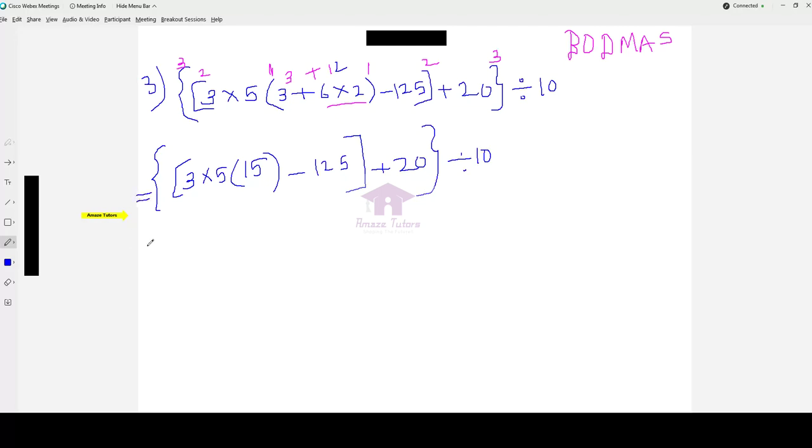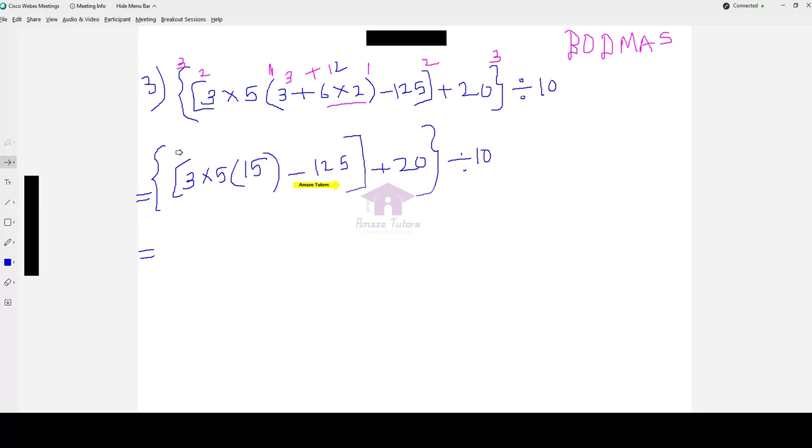Now, what next? BODMAS. As I said, this bracket next. You can see the second innermost bracket is to be finished. Inside the second innermost bracket, we have this multiplication, and this again multiplication, and then subtraction.